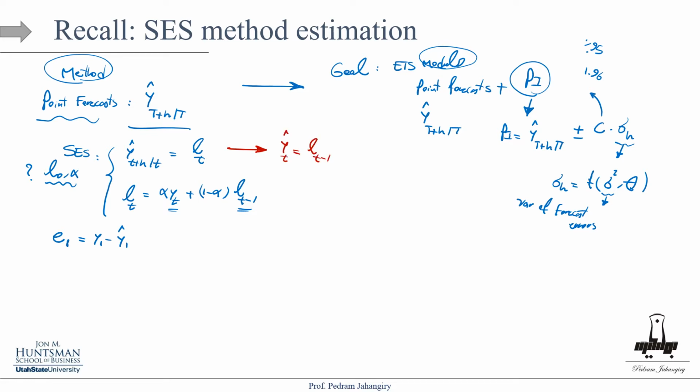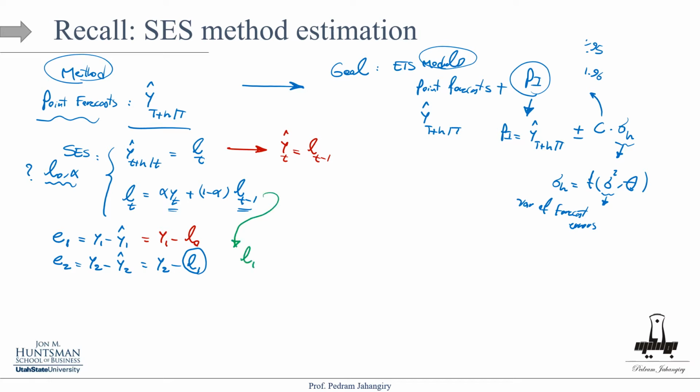We have seen these things before. So we will come up with something like this: y1 minus L_{t-1}, which is L0. This is your E1, or error 1. Then what is E2? It's y2 minus y hat 2, where y hat 2 is L1. We don't have L1, so we have to use this equation to come up with it.